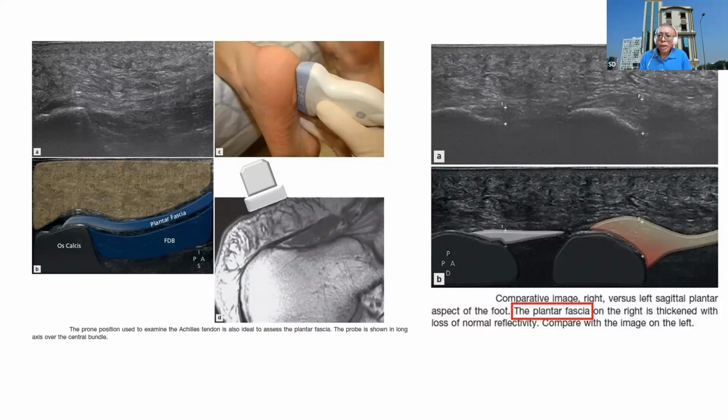Just another trick for everybody: use a glove, a sterile glove. What I usually do is, I take one sterile glove, and in the glove there is a rubber rim.